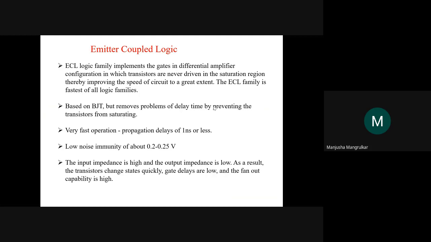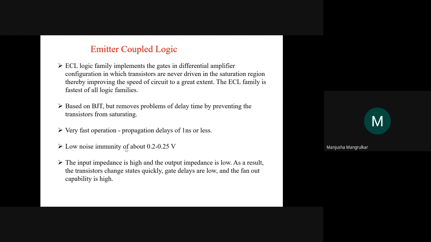So it removes the saturation region, preventing the transistor from being in saturation, because it uses a differential amplifier. Very fast operation, propagation delay is 1 nanosecond or less.